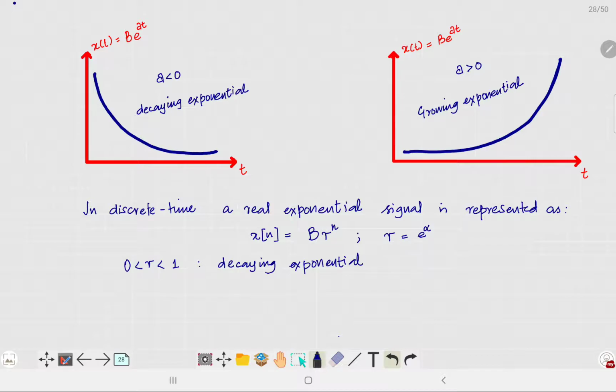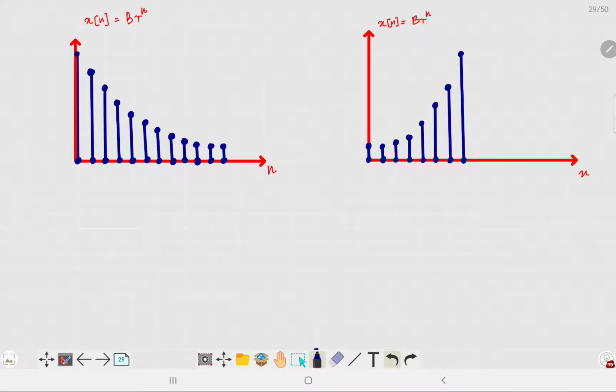And in case we have r greater than 1, then we will have a discrete time growing exponential. x of n is r raised to the power n, where r is e raised to the power alpha, n being an integer.